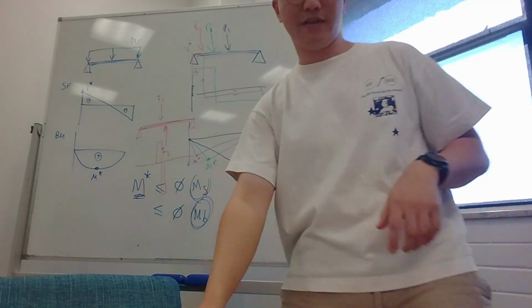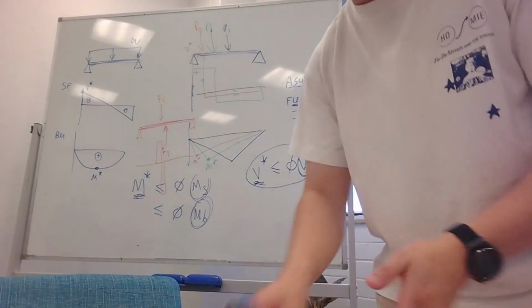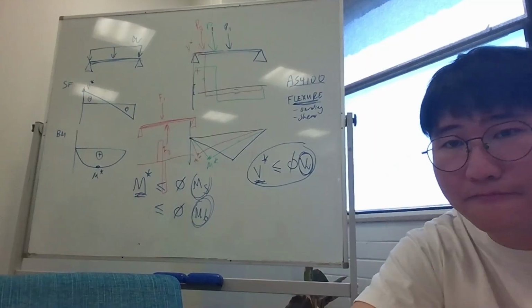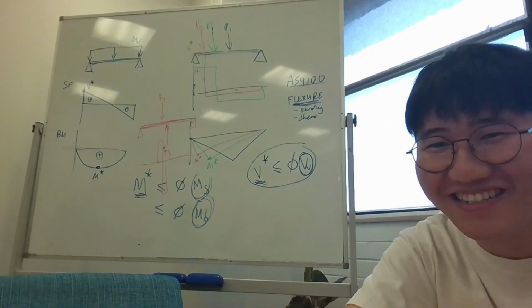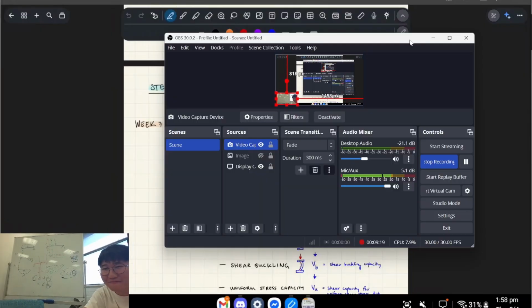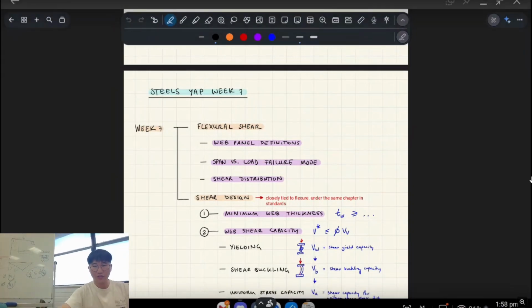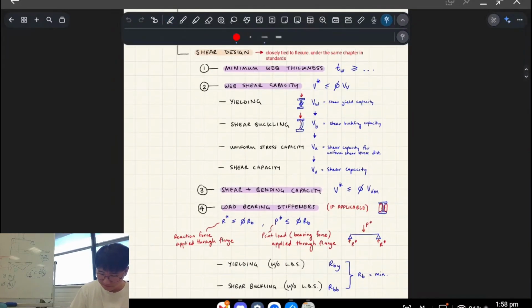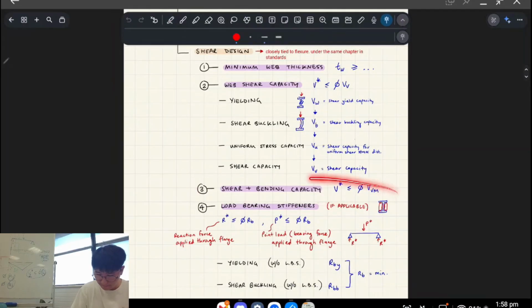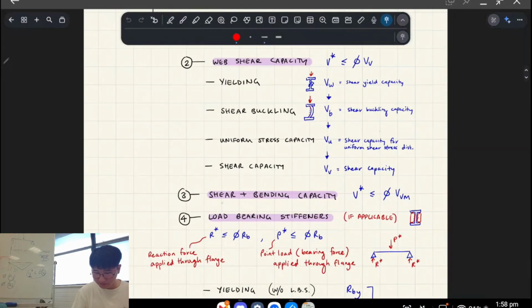Okay, so without much more about that, I want to talk about flexural shear, okay? Now I know you care about flexure more, so I'm going to focus on number 3 of my notes, which is your shear and bending capacity and its interaction between itself, okay?